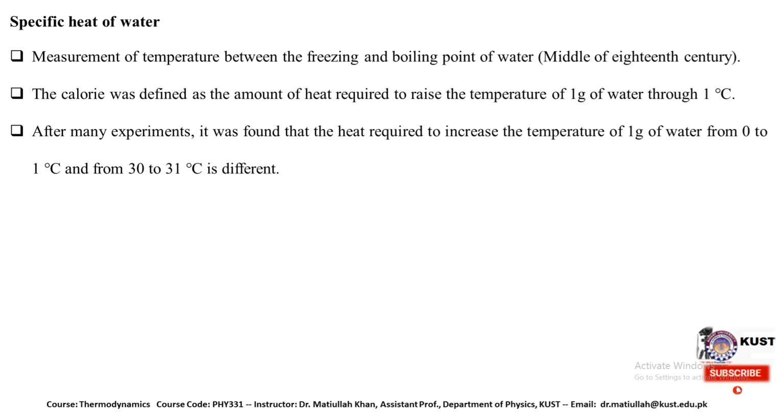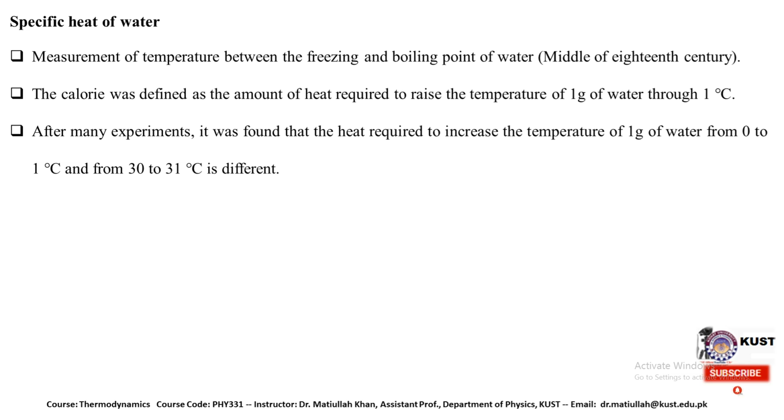But later on, when a series of experiments were performed, it was found that the amount of heat required to raise the temperature of 1 gram of water from 0 degree C to 1 degree C is different to that from 30 degree C to 31 degree C. It means that the amount of heat or energy needed to raise the temperature of 1 gram of water at different degrees C in some cases are different from each other.